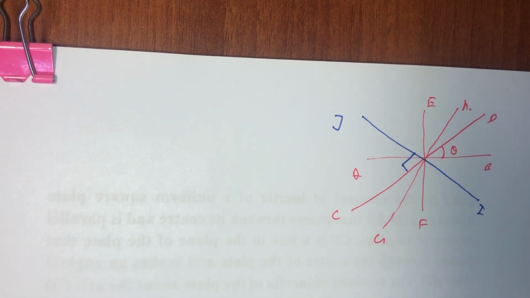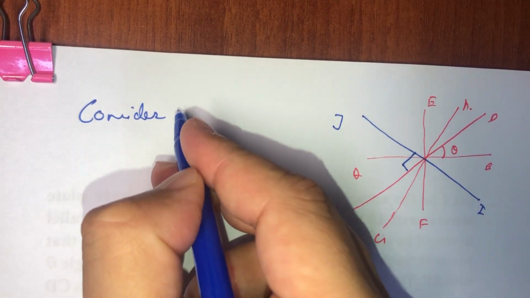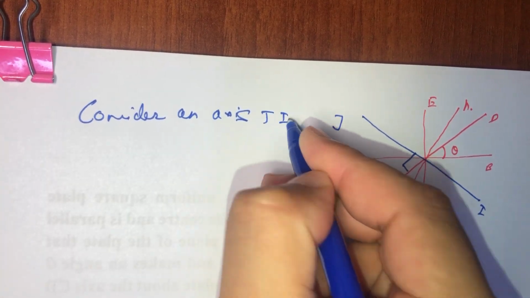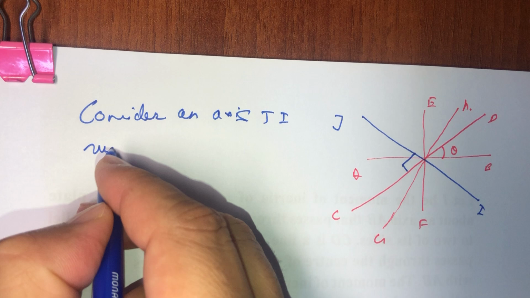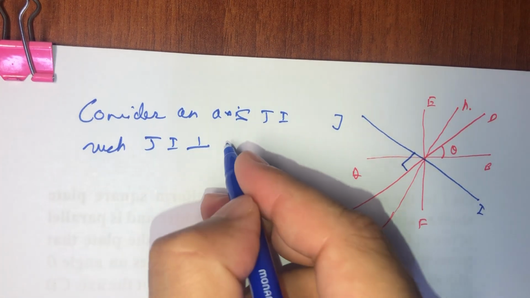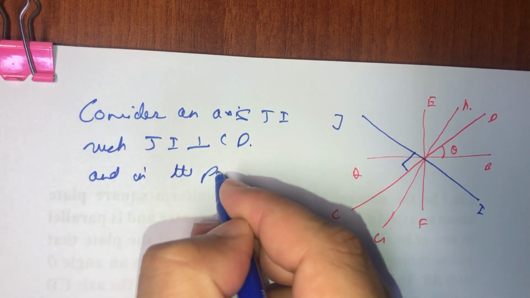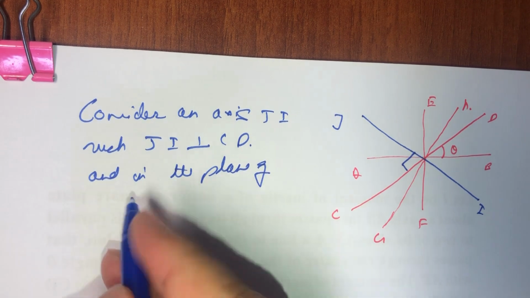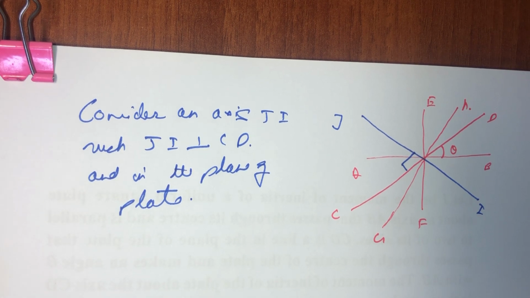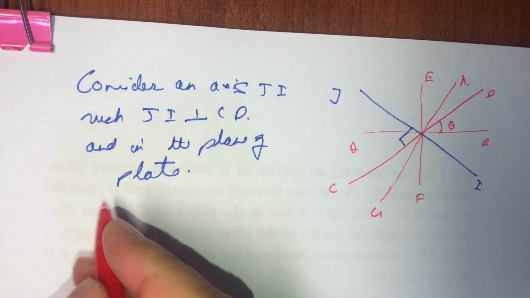We consider an axis JI such that JI is perpendicular to CD and in the plane of the plate. So basically, except GH, all the axes are in the same plane.